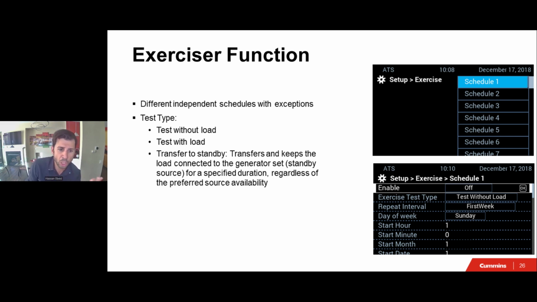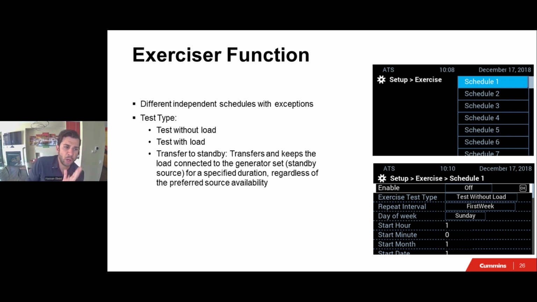And so the transfer switch can do that function for you in terms of doing that transfer from the utility onto the generator and do a test with load. And so you can do this regular exercise, and you can have built-in multiple exercise schedules with exceptions. So you might say run every month, but don't run on certain holidays. So don't run on Thanksgiving Day, for example.